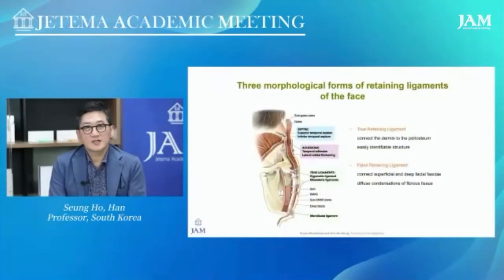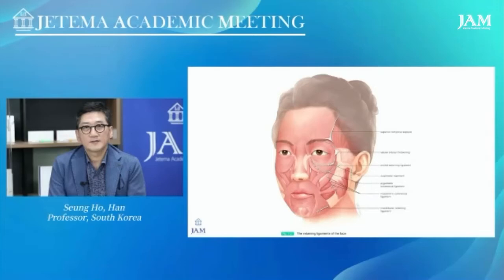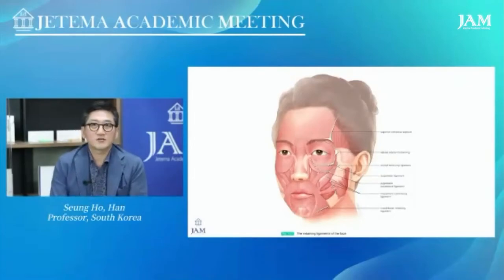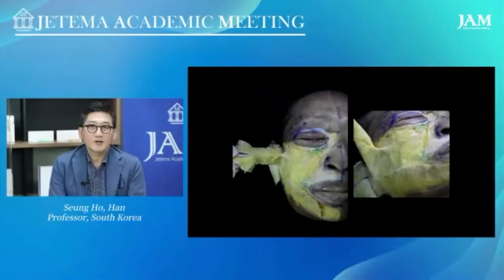Another structure is the retaining ligament, or the septa or adhesions. This overall structure makes the compartments. The main function of this structure is to stabilize the soft tissue to the bone. I want to show just one true ligament from a cadaver as a sample.